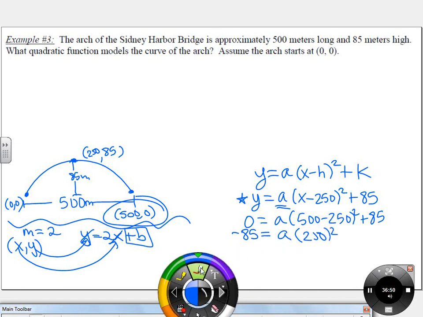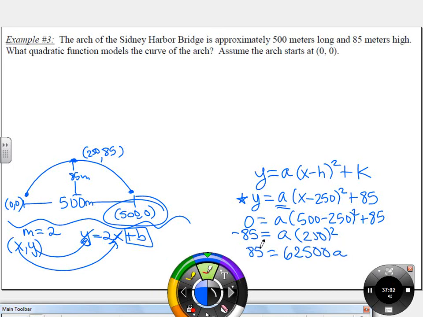What's 250 squared? 62,500. Oh, I should have known that, actually. No, that's not too bad. It's 25 times 25 is 625. So, okay, our a value is negative 85 divided by 62,500.